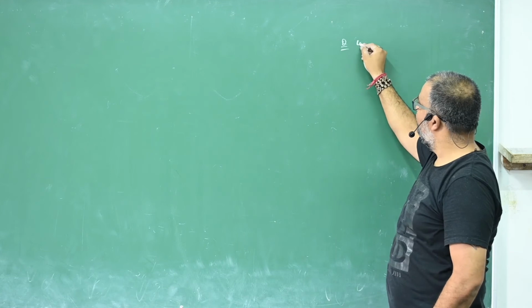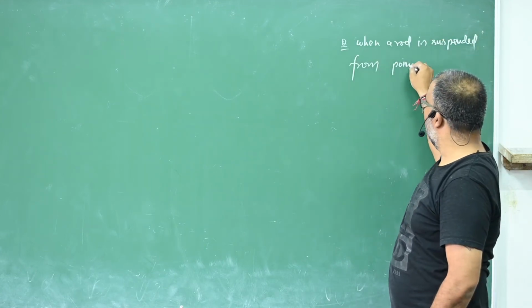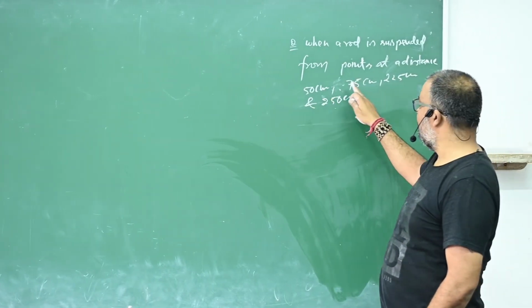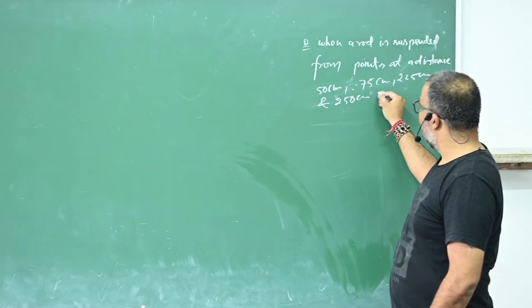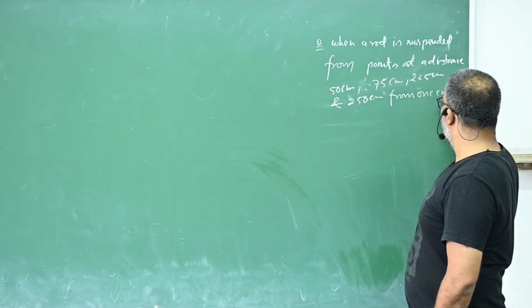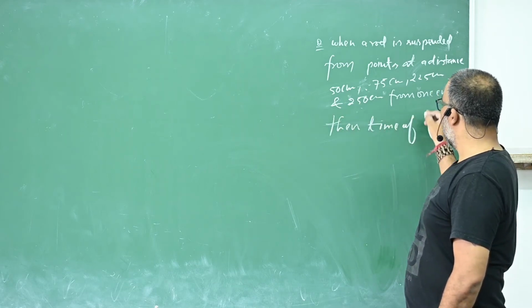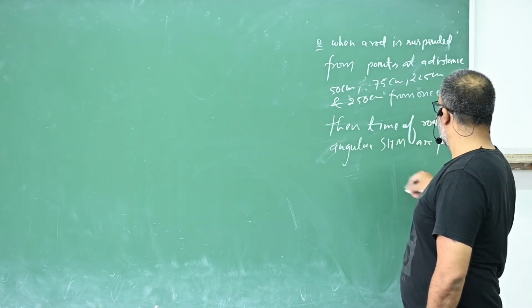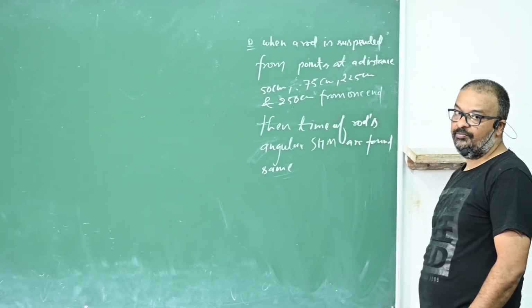We have to solve a question. At distances 50 centimeters, 75 centimeters, 225 centimeters and 250 centimeters from one end, the time period of the rod's angular SHM is found to be the same.